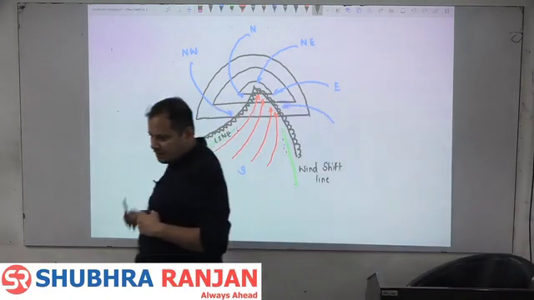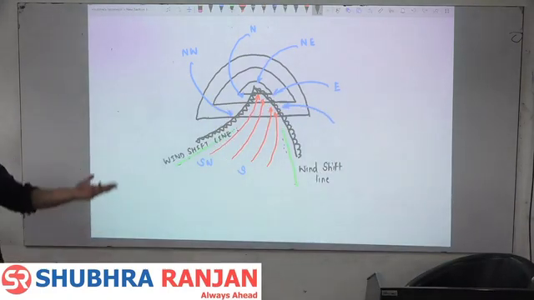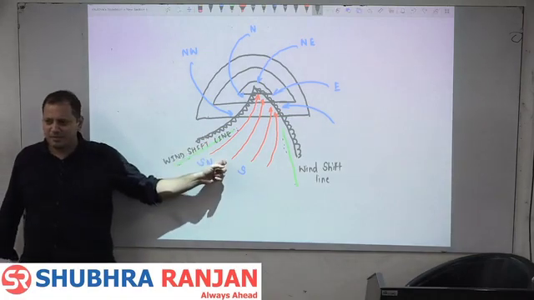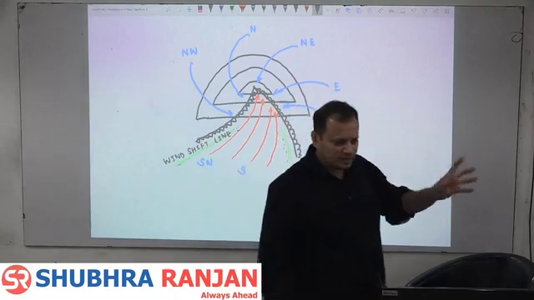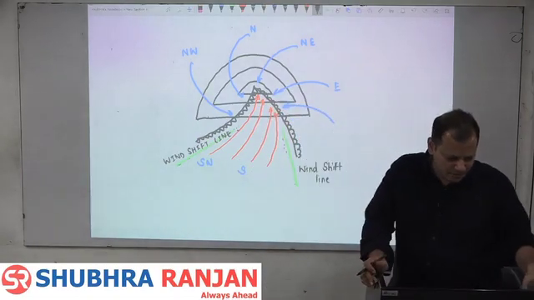Wind shift line. Understood? Wind is coming from this direction, suddenly it becomes warm. Warm wind, suddenly it becomes cold wind. Therefore, this is what is known as wind shift line.